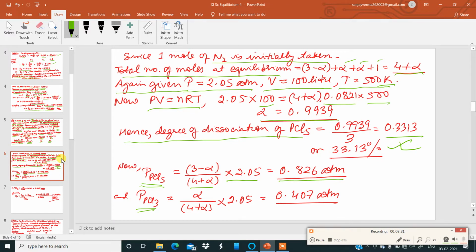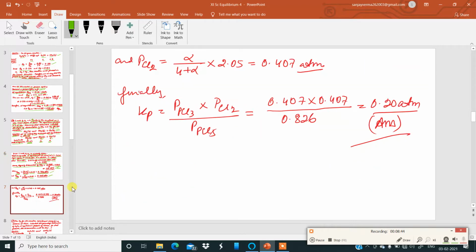And for phosphorus trichloride, it is alpha divided by 4 plus alpha into 2.05, that is coming to 0.407 atmosphere. Okay, so keep this in mind. After that, on the next slide, the partial pressure of chlorine is again alpha divided by 4 plus alpha into 2.05, it will come to 0.407.